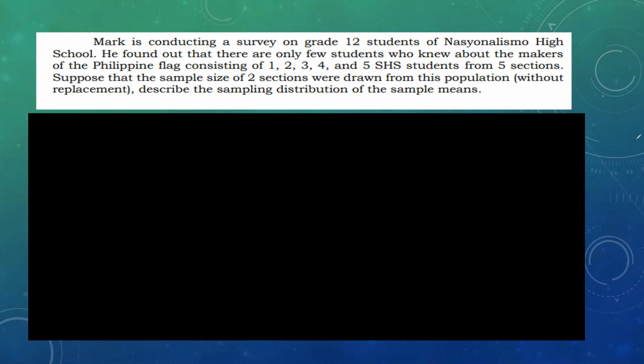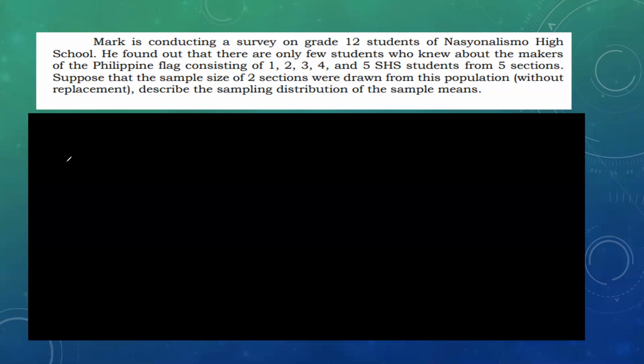Okay po. So, alam natin na meron tayong how many students? So, we have 1, 2, 3, 4, 5, so 5 students. 1 plus 2, that will be 3, plus 3, that will be 6, then 4, that will be 10, then 5, 15. Okay po, so that there are 15.